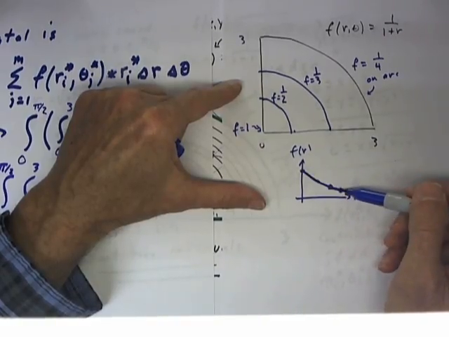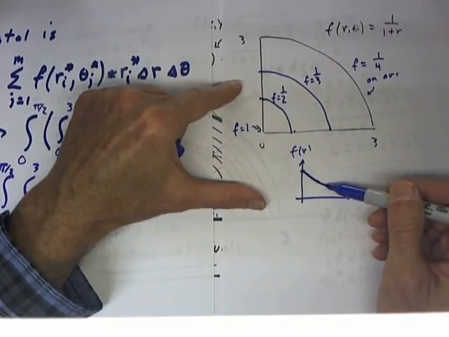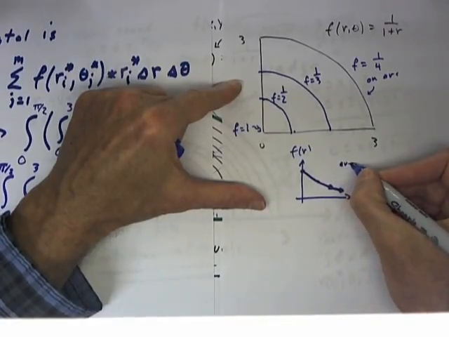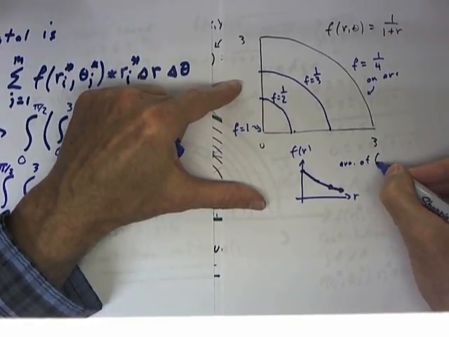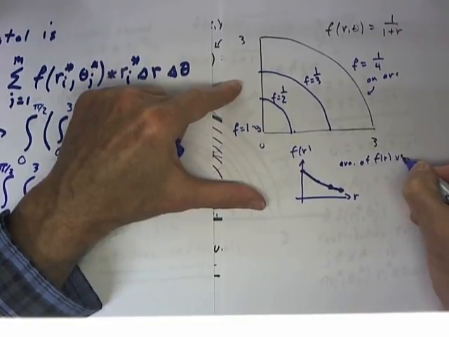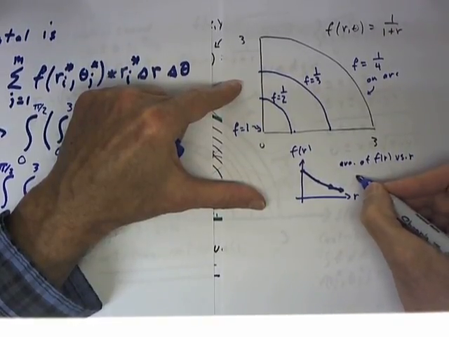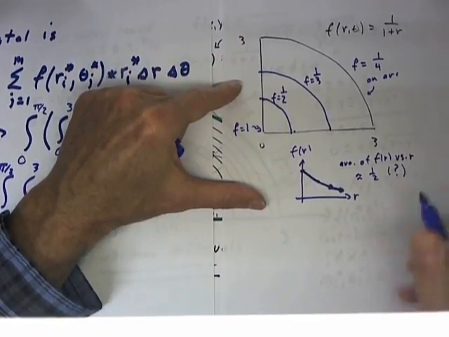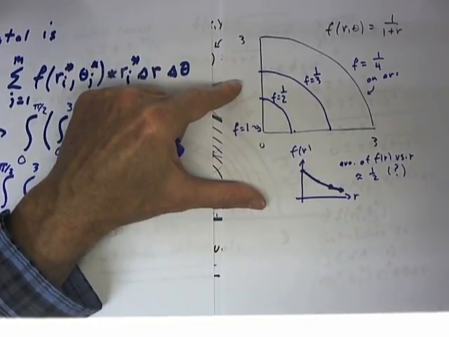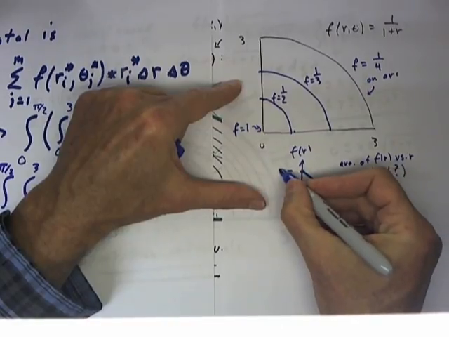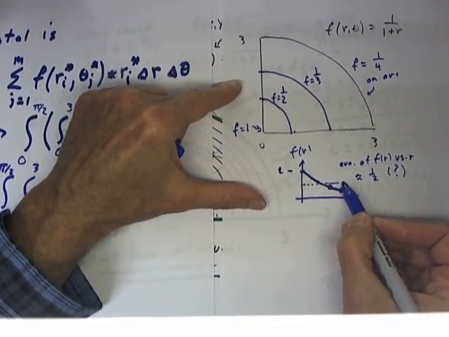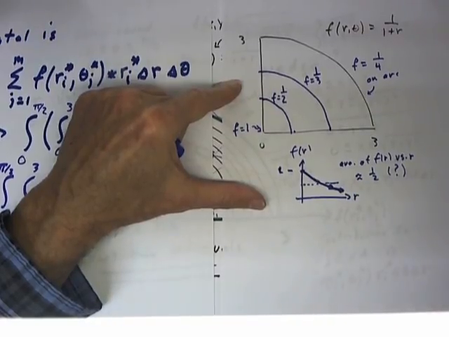Remember, those values are 1 and 1/4. The average of those values would be 5/8, so that the average of f of r versus r is maybe 1/2, where this is 1, so that 1/2 is not an unreasonable average.